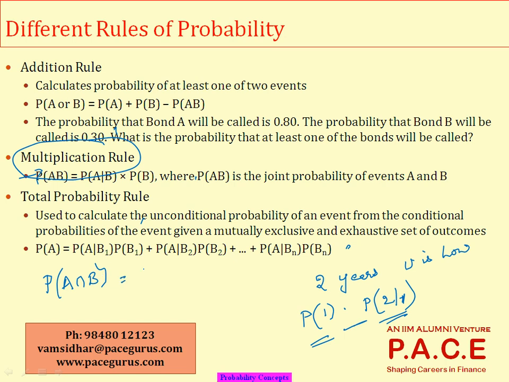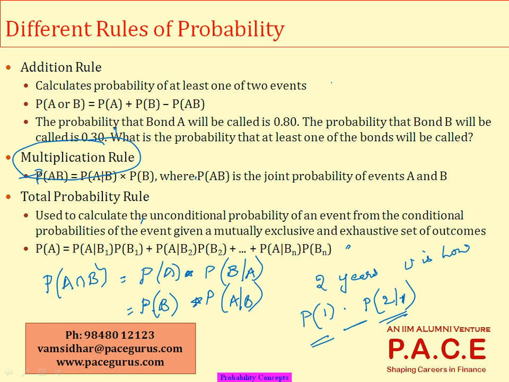The way it is written is: find out the probability of one of the events occurring, and means multiplication in the probability language, and given that A has occurred, what is the probability of occurrence of B? Or the same thing can be written as: find out the probability of B occurring, and given that B has already occurred, what is the chance of occurrence of A? This is what is called the multiplication rule of probability.